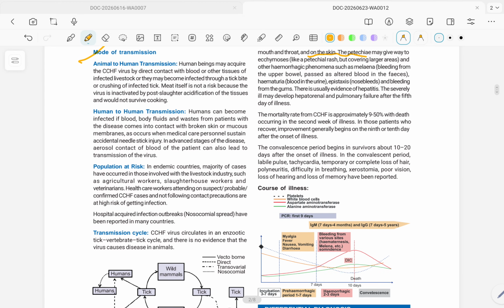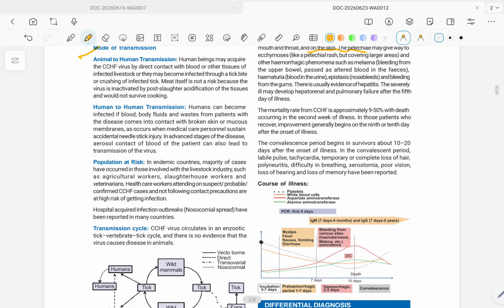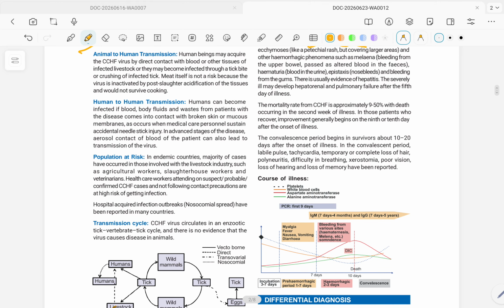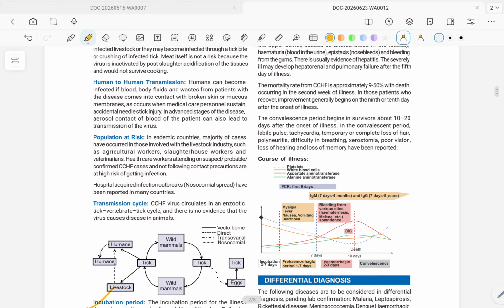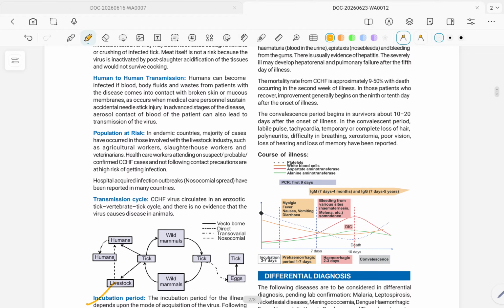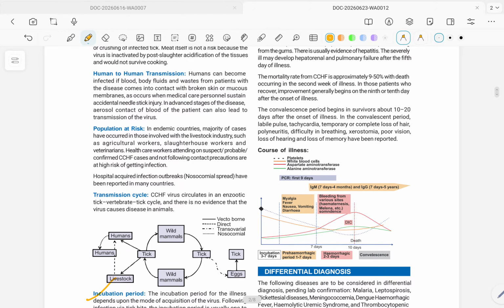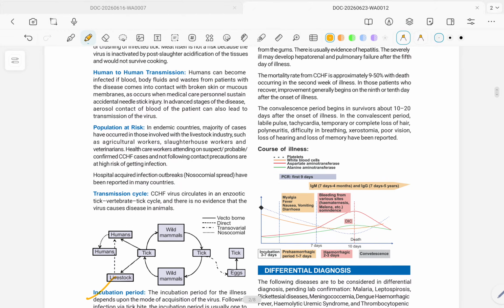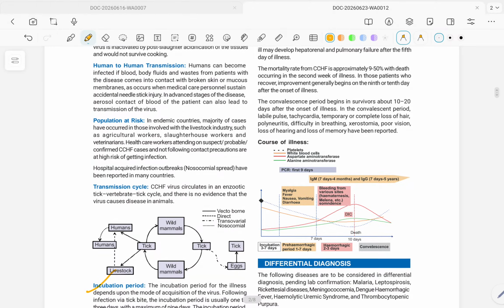The severely ill may develop hepatorenal and pulmonary failure after the fifth day of illness. The mortality rate of CCHF is approximately 9 to 50%, with death occurring in the second week of illness. In those patients who recover, improvement generally begins on the 9th or 10th day after the onset of illness.